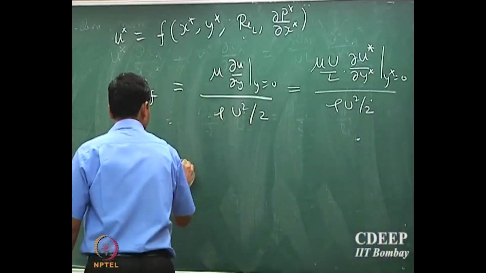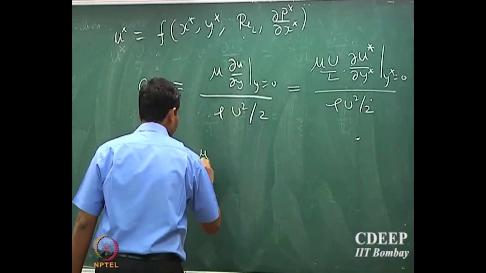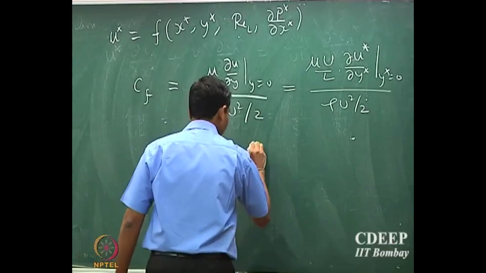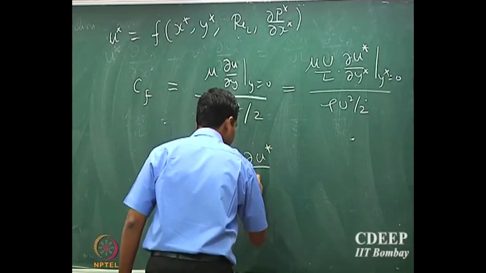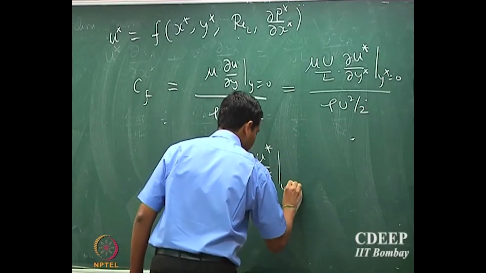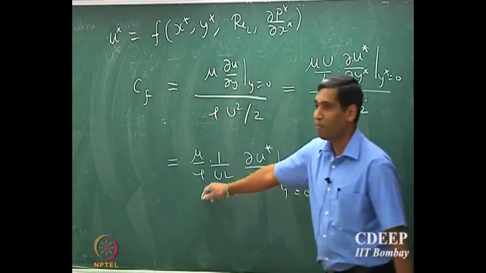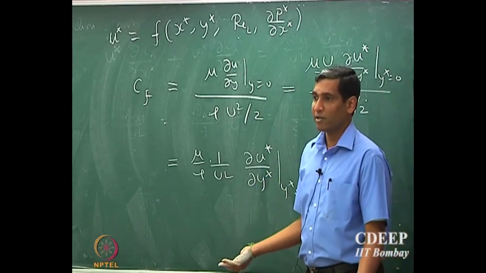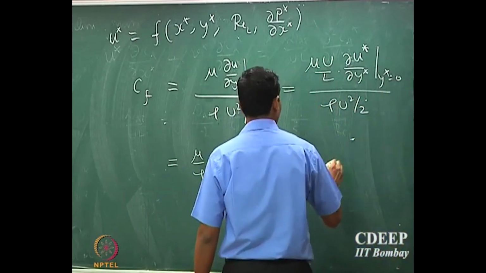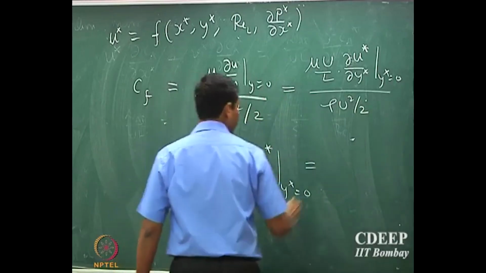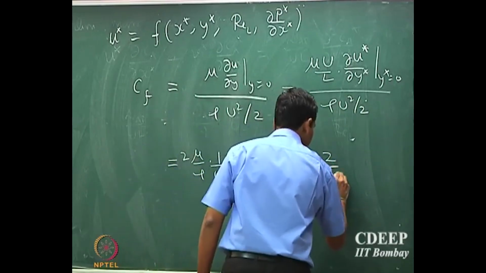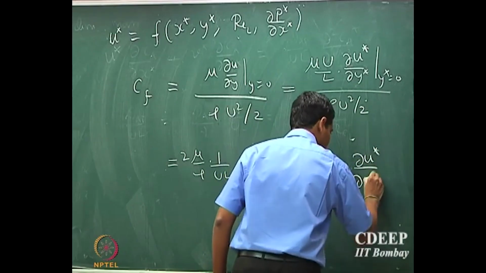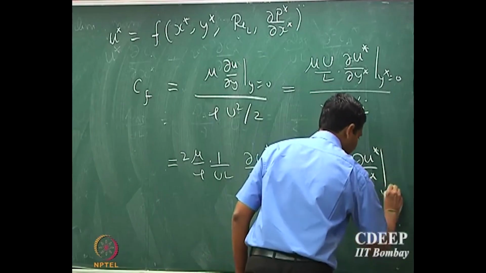So now you can rewrite this as mu by rho into 1 by UL into du star by dy star at y star equal to 0. What is mu by rho into 1 by UL? It is 1 by Reynolds number, right? So this is nothing but, oops, I forgot a 2. So that will be 2 by Reynolds number into dou u star by dou y star at y star equal to 0.